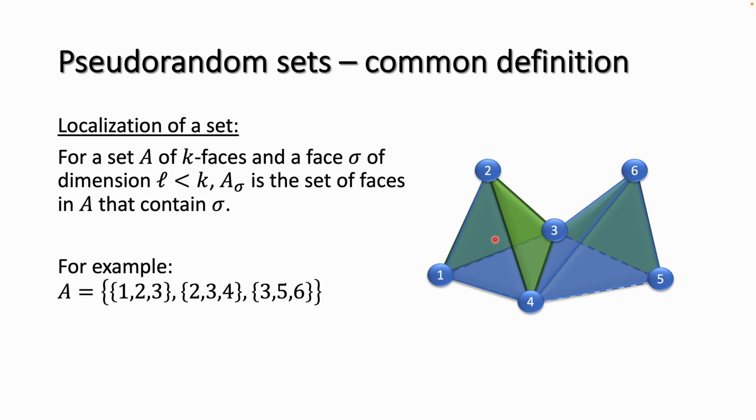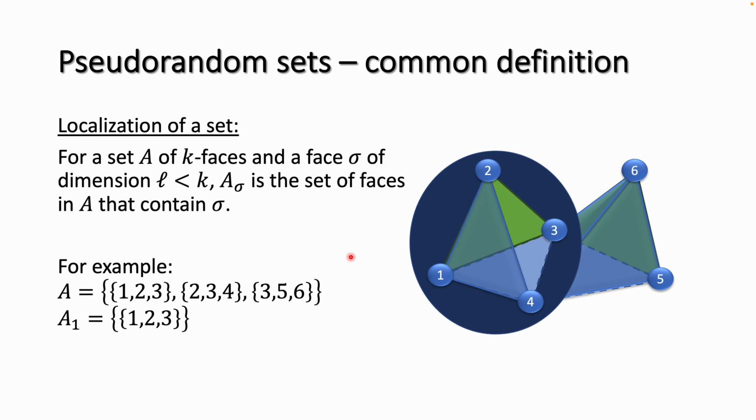For instance, if A is the set of these three green triangles, and we want the localization of A to the vertex 1, it's just the triangles in A that contain this vertex. It's just this triangle {1, 2, 3}: out of these three triangles, this triangle contains the vertex 1. So that's the localization of a set A to, in this case, a vertex.